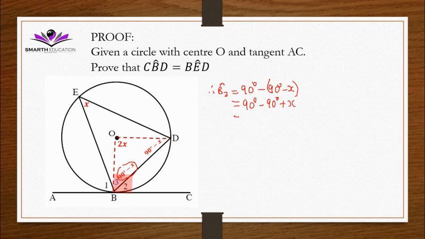You see that? Then it's equal to x. So we prove that B2 is equal to x. So now we have proved that angle CBD is equal to angle BED because both of them are equal to x. You see that? Right, done.